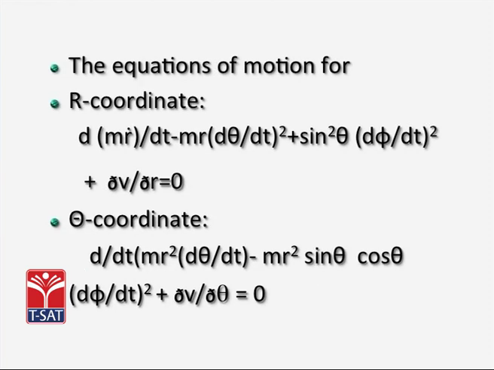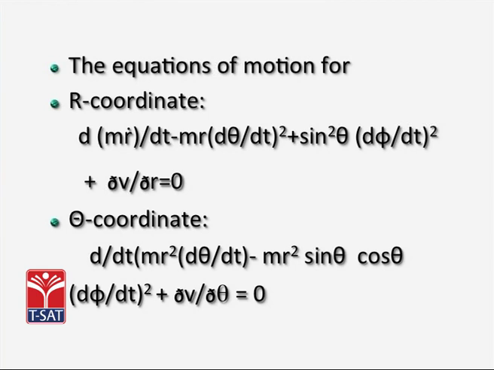The equation of motion for the r coordinate is d of m r dot divided by dt minus m r into ((d theta by dt) square plus sin square theta (d phi by dt) square) plus the change in the potential dou V by dou r is equal to 0.